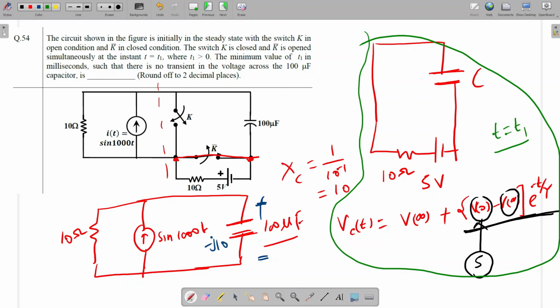If this is turning on, this DC part will be separate. When this part is connected, the AC part will be on this side and the DC part on this side. Is it clear? If this is closing, this point and this point will be shorted together, so the DC part will be separate and the AC part will be separate. Is it clear?